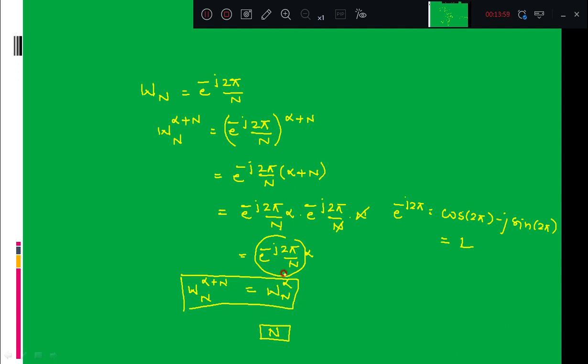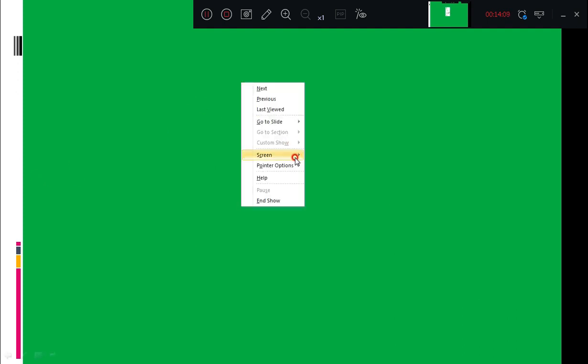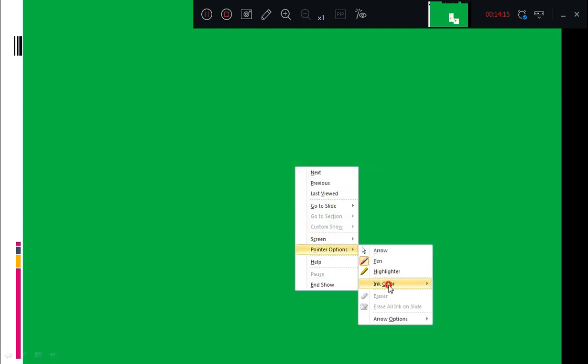So next we'll move on to the inverse discrete Fourier transform, called the inverse DFT, IDFT in short, right?